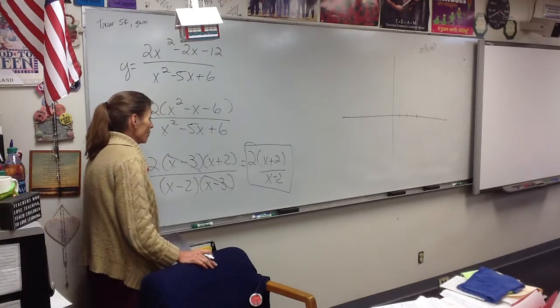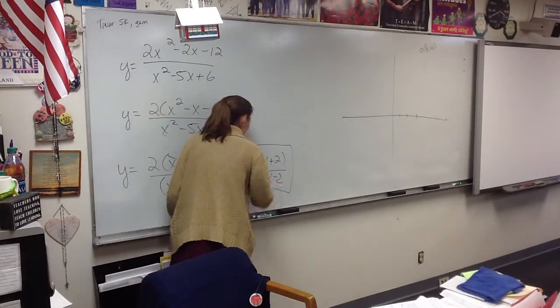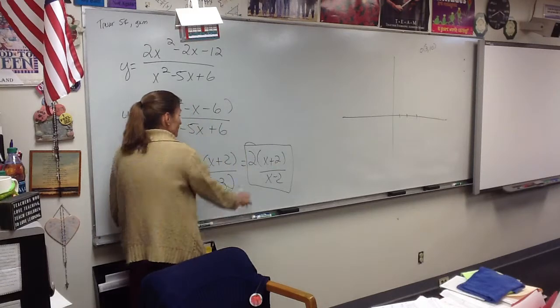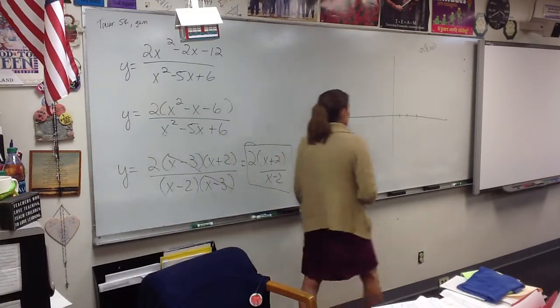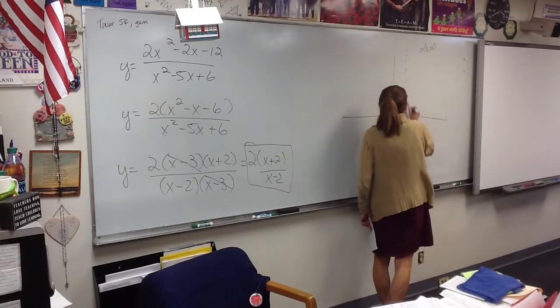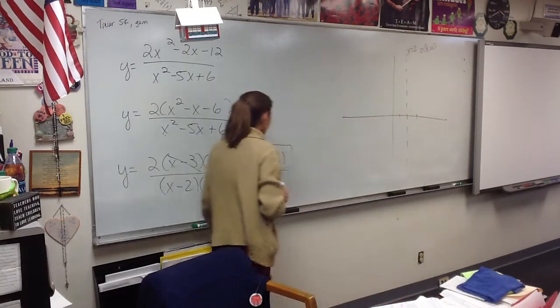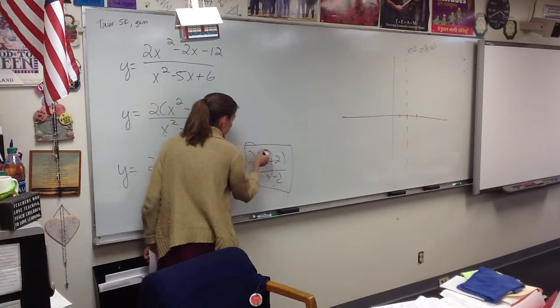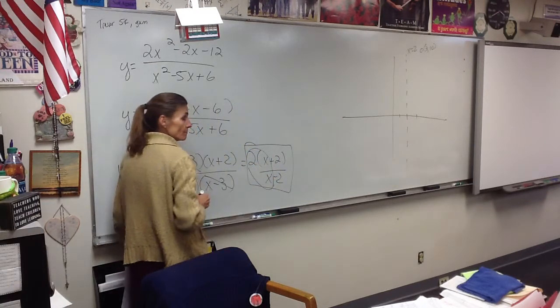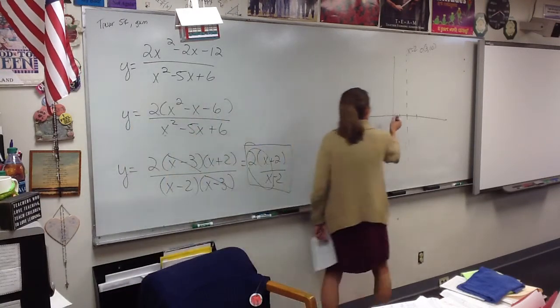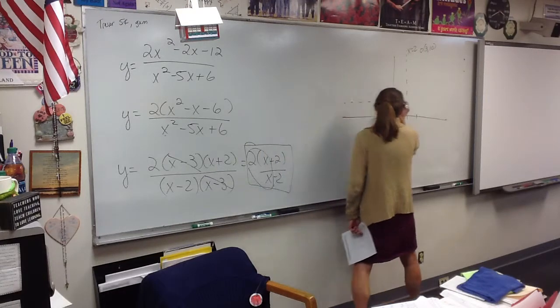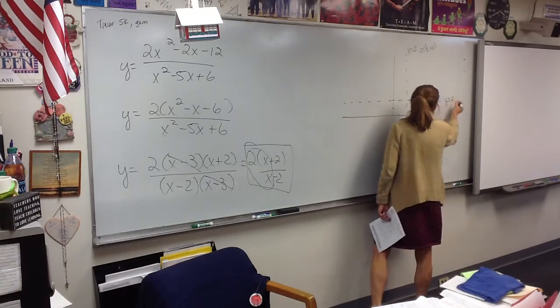Okay. What else do I have here now? This is what I'm graphing. What else can you tell me about it? I have a vertical asymptote at 2. And I have a horizontal asymptote at 2. How do I know this end behavior asymptote is horizontal?